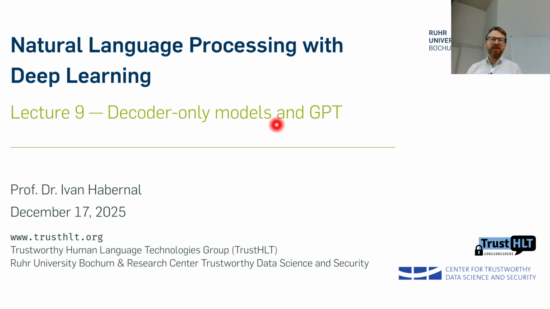So welcome to lecture 9 of NLP with deep learning. Today we're going to be talking about so-called decoder-only models and the evolution of these generative pre-trained transformer models, GPT, which is one of the backbones of today's AI.